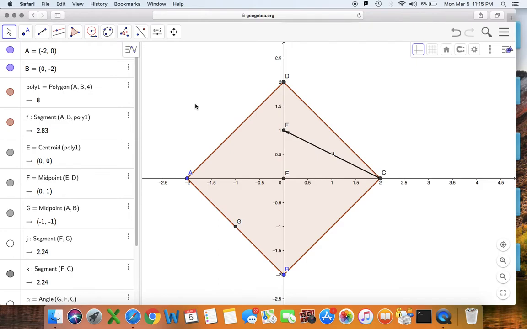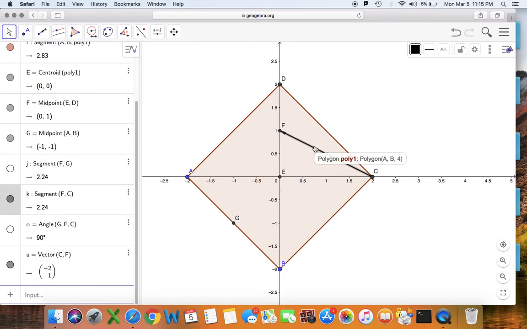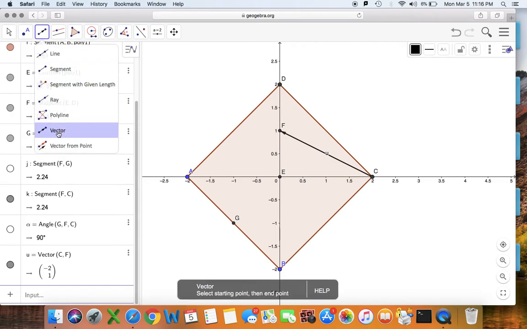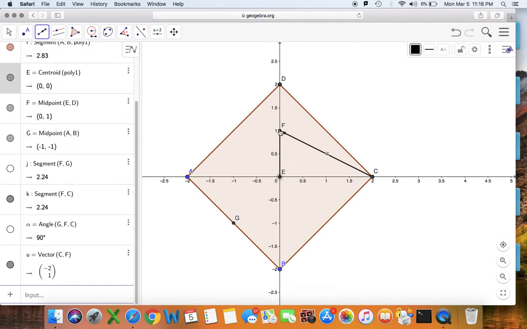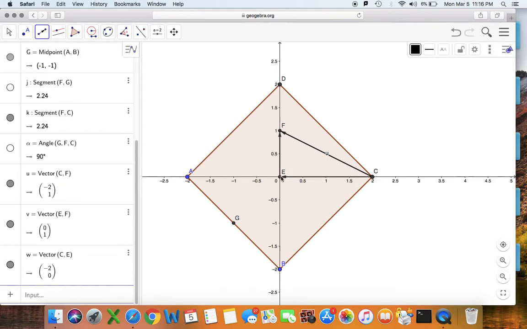So first we're going to find these vectors. So you see this vector u we have right here. We are interested in moving this vector u so that it comes from the origin. So all you have to do is take this vector from E to F and this vector from C to E, and you are going to add them.